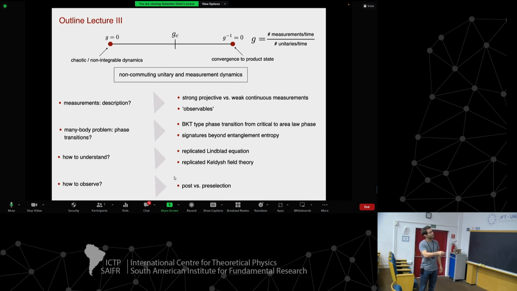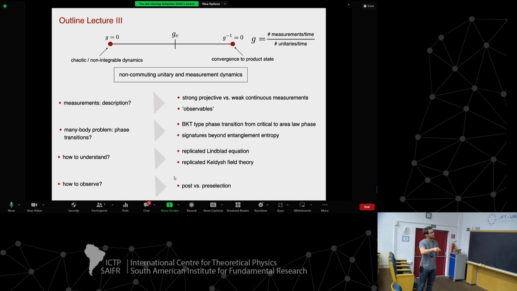But there's also a weak continuous notion of measurements, and that is, for our purposes, when we want to work with a field theory, much more convenient, because then you have a notion of small updates over time, and this will also give me the opportunity to describe a bit the observables that one can use to characterize such transitions.